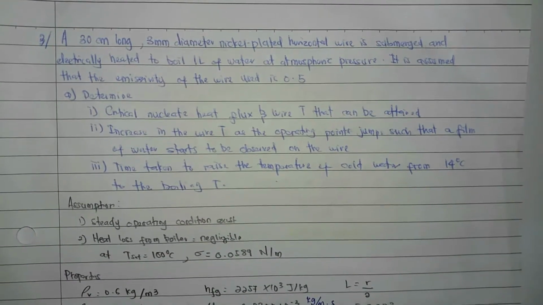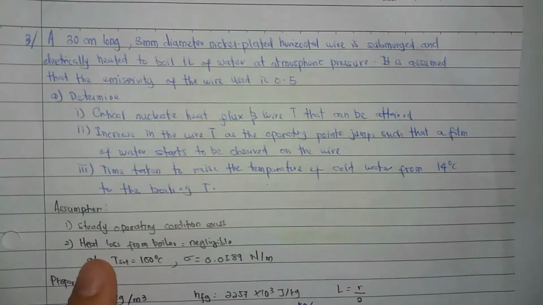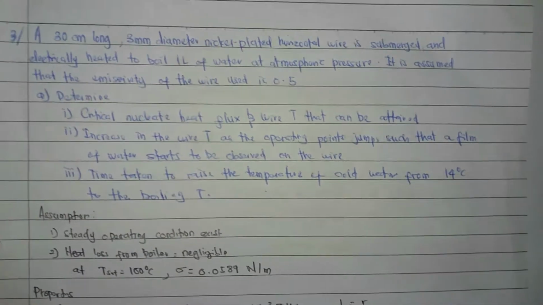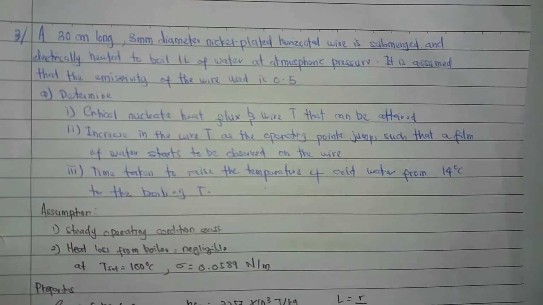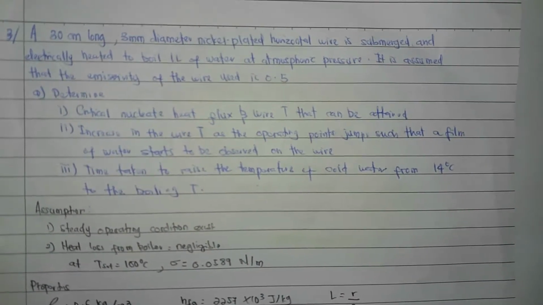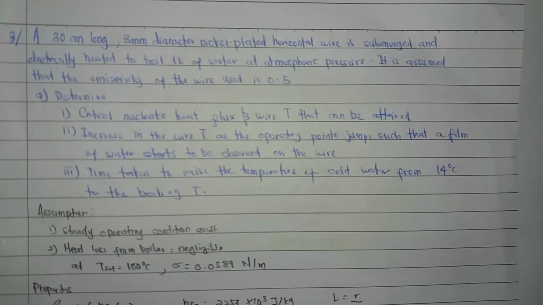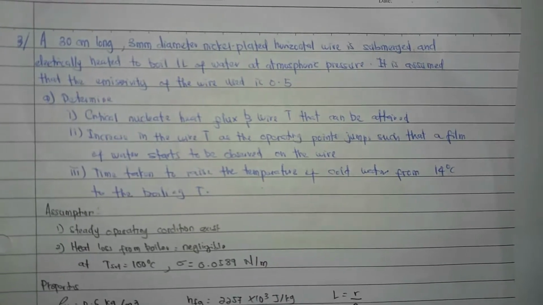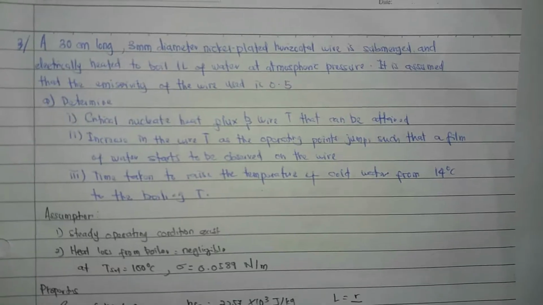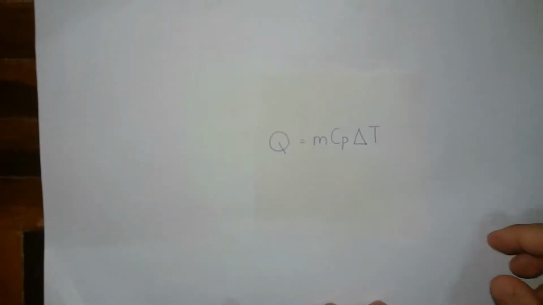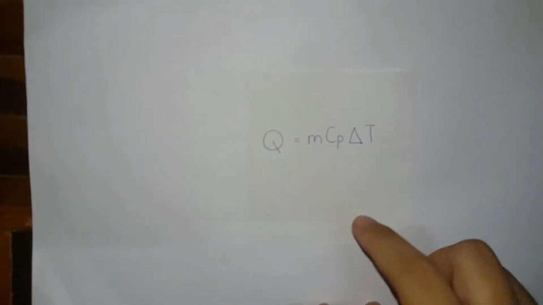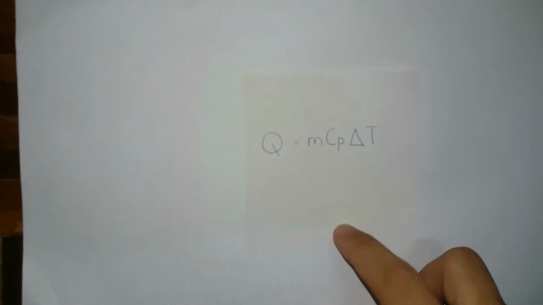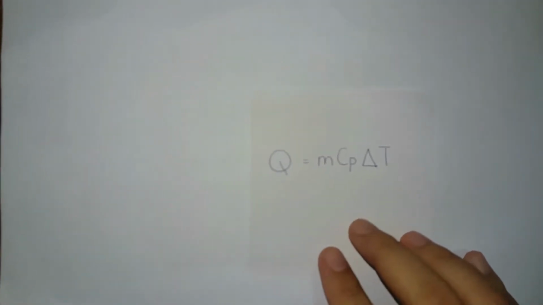For question C, we need to find the time taken to raise the temperature of cold water from 14 degrees Celsius to the boiling T, which is 100 degrees Celsius. So the first step is we need to find the energy needed using this equation.